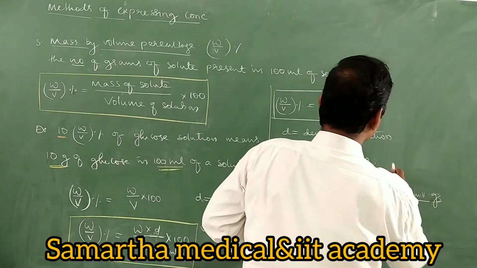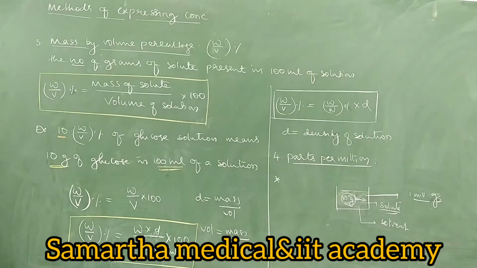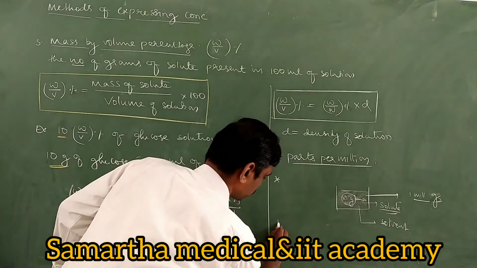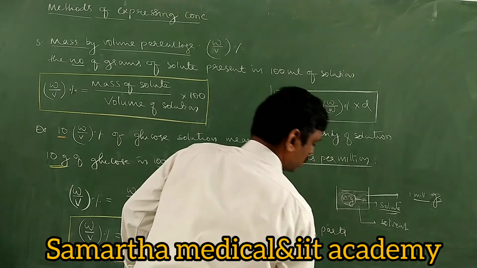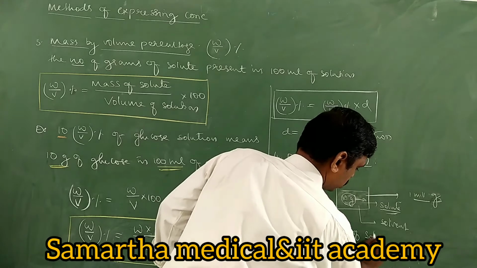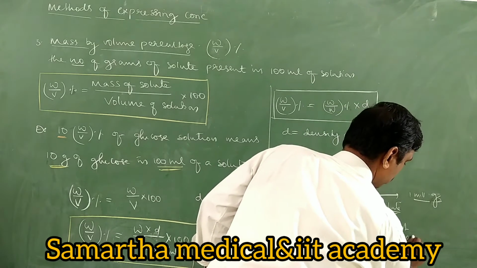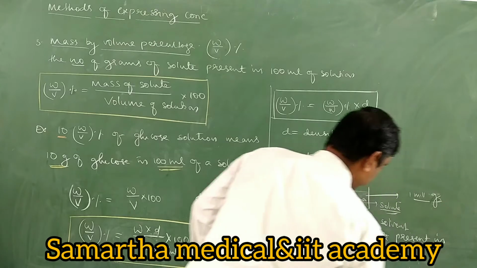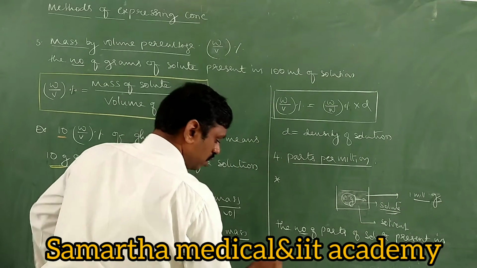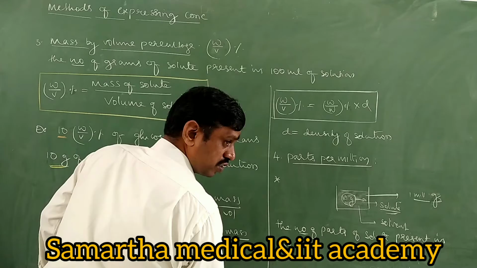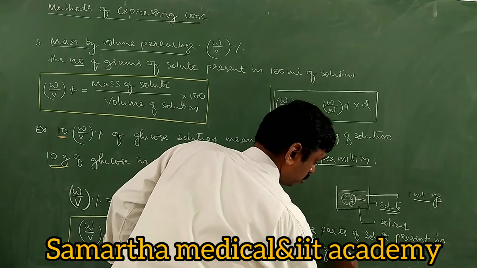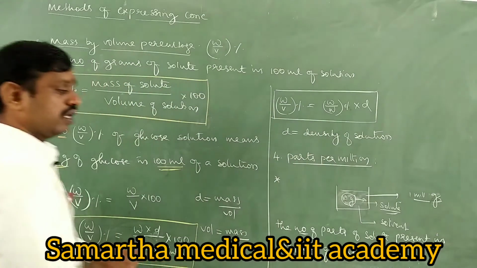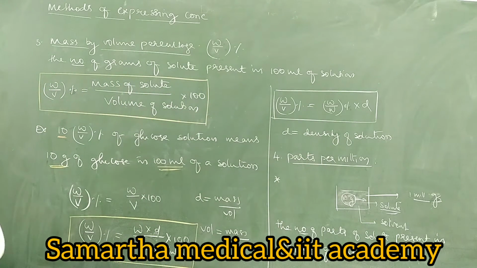Write down: the number of parts of solute present in million parts, meaning 10 power 6 parts of solution, but not solvent, solution only, is called parts per million.